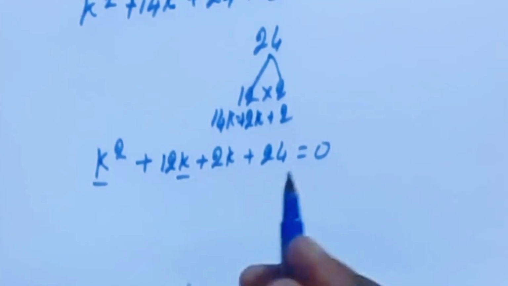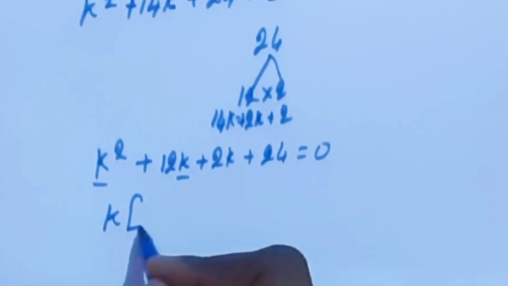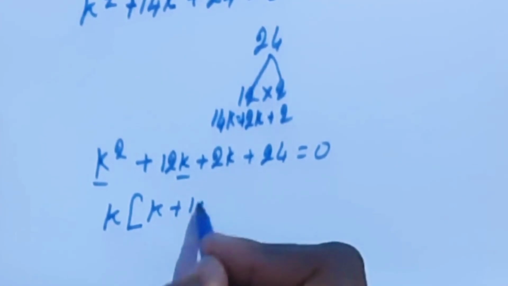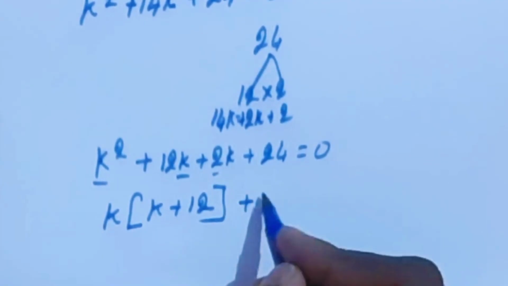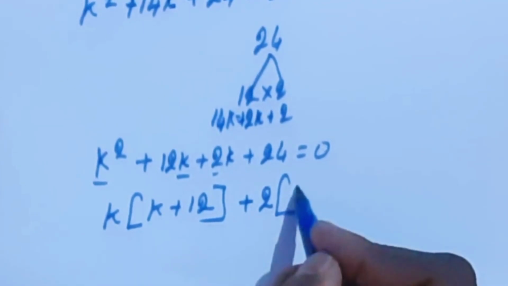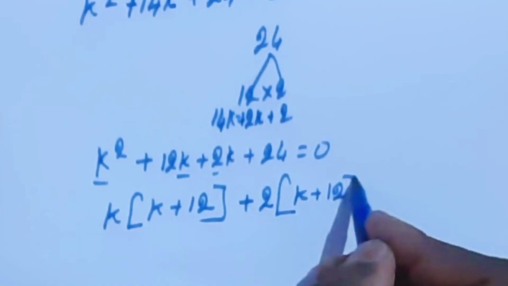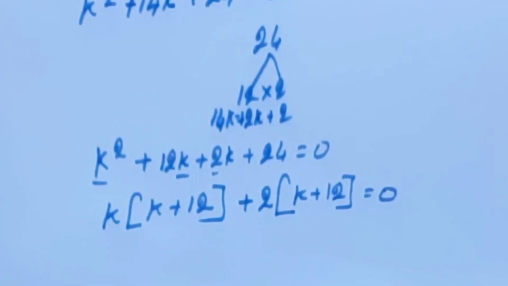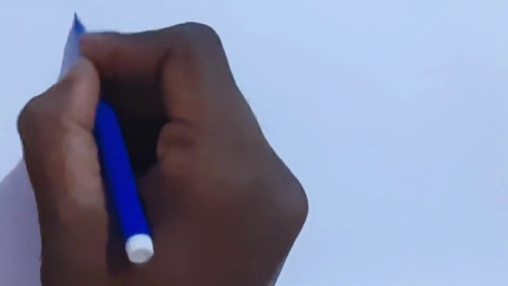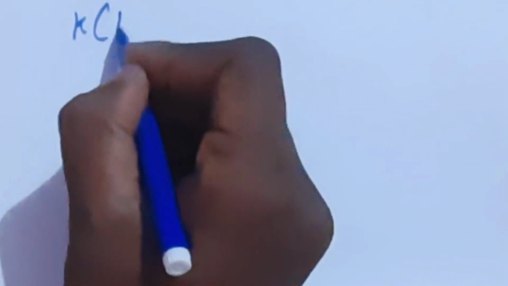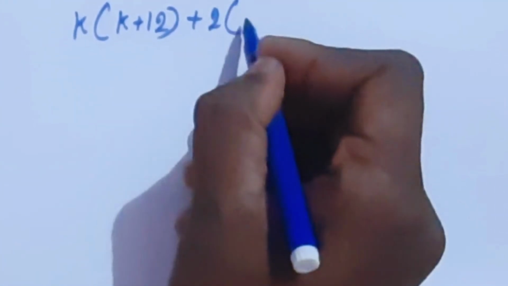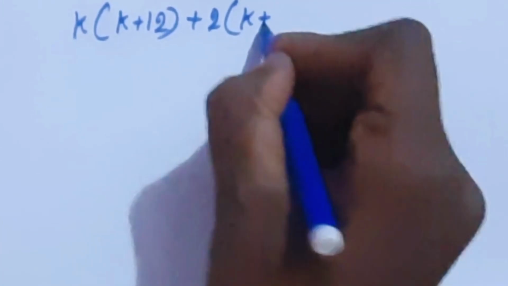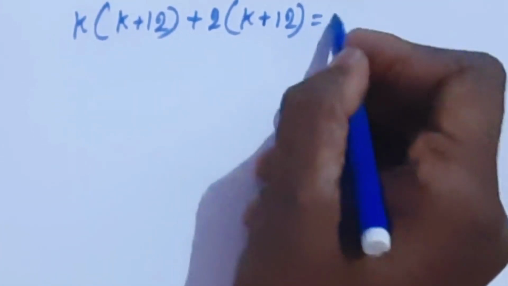Now we are going to take k common out. So k open bracket, k plus 12, plus, here we are going to take 2 common out, 2 open bracket, k plus 12, equal to 0. k open bracket, k plus 12 close bracket, plus 2 close bracket, k plus 12 equal to 0.